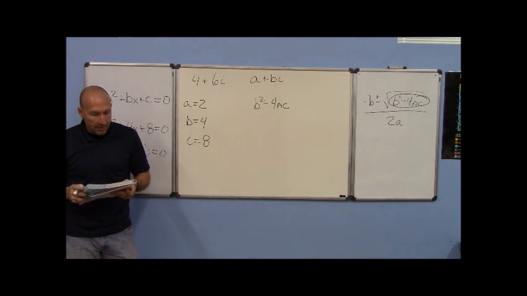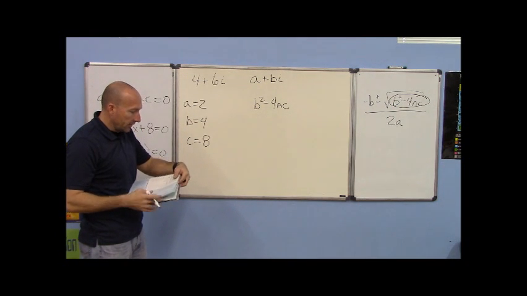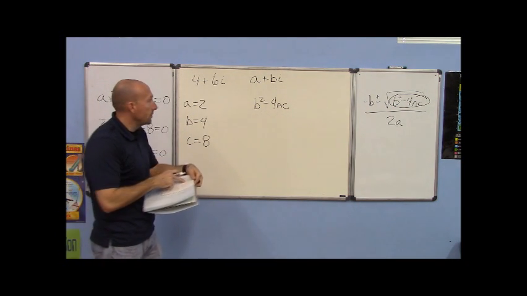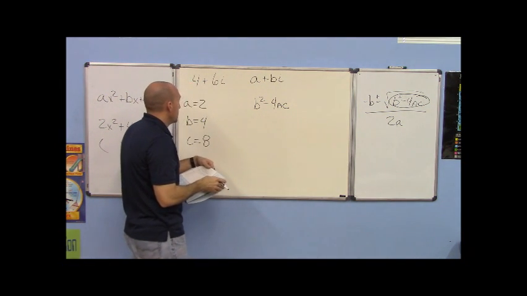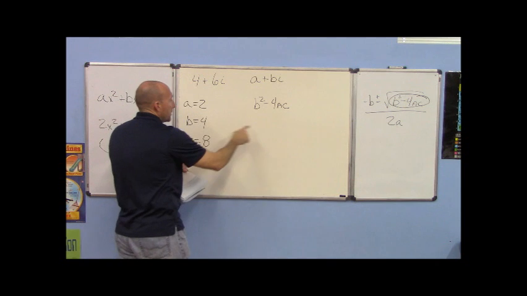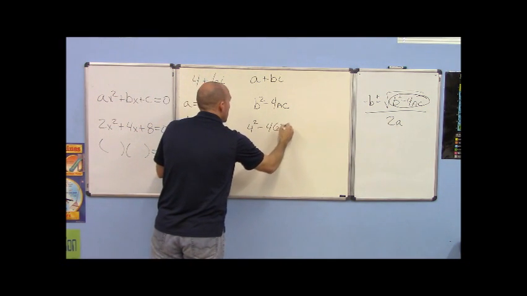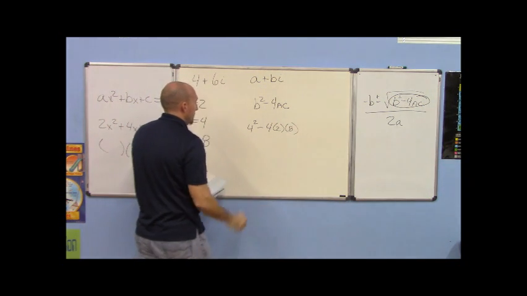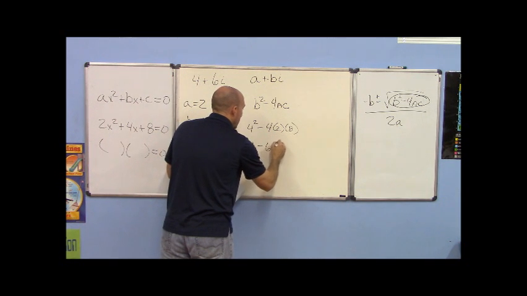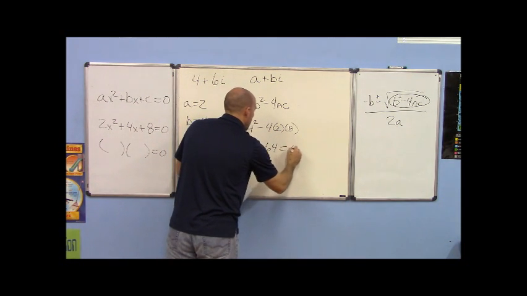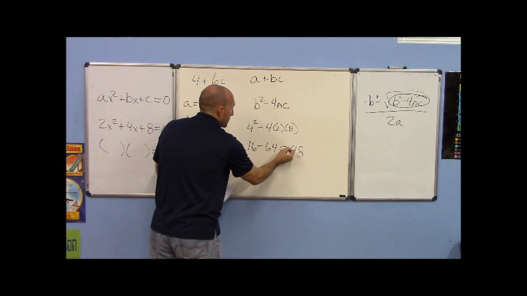What we can do is find out the value when we plug it in here. So let's do that real quick. We have b squared, so it's 4 squared, minus 4 times 2 times 8. So we have 16 minus 8 times 8 is 64, which equals 48. Negative 48, sorry.